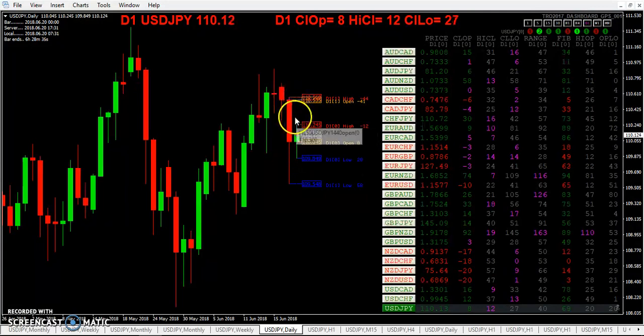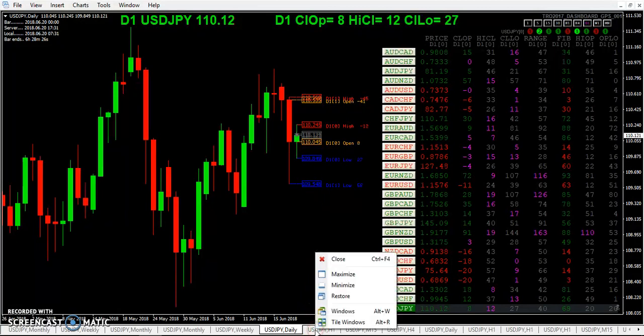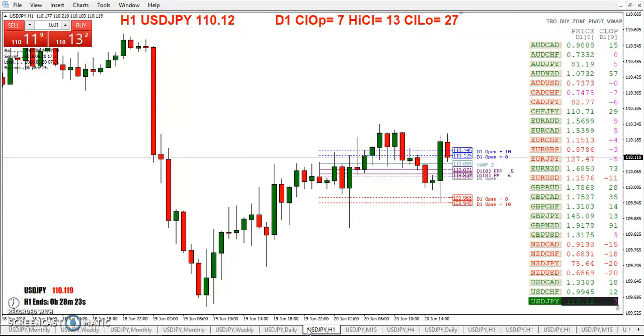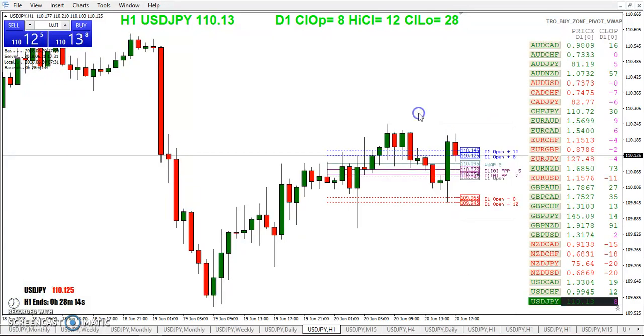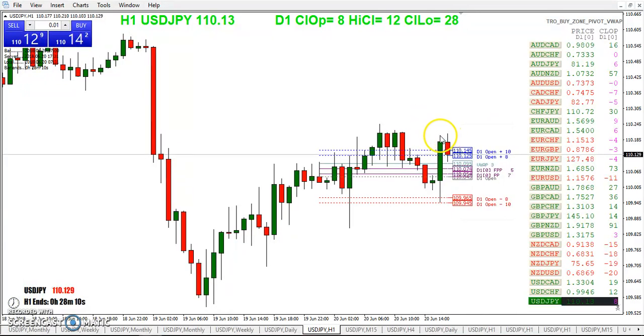The high is lower than the previous high, and the low is higher than the previous low there, right? It's range bound. Let's drop down to the hour. Okay, you can see something different happened here. It actually broke out of the top, only slightly, but it did break out.